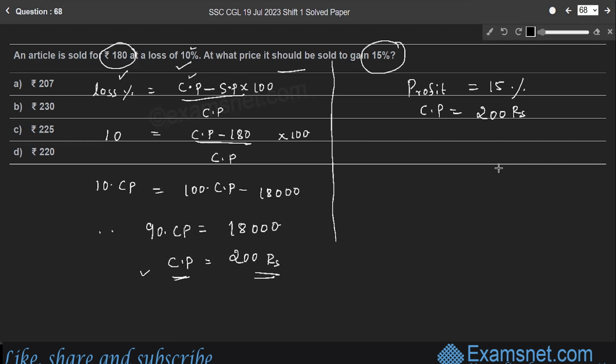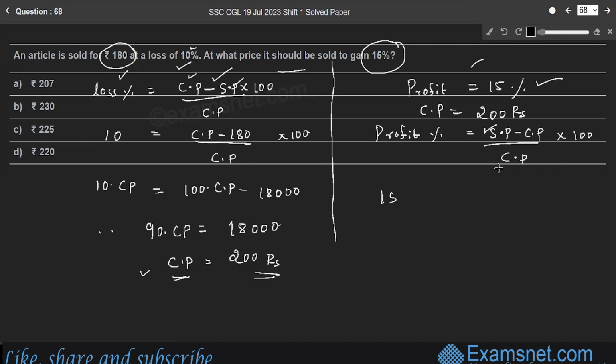Therefore, we need to find selling price of the article since there is a profit. So for that, we are using the formula of profit percentage. Since selling price is greater than cost price, there is a profit, right? Whereas in the loss percentage, it is cost price minus selling price, in the profit percentage, it is selling price minus cost price over the cost price into 100.